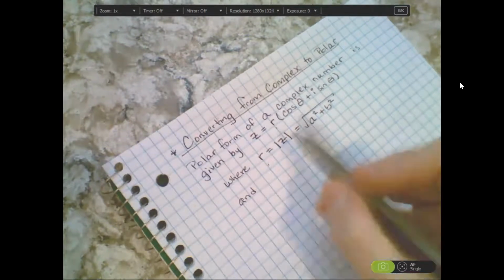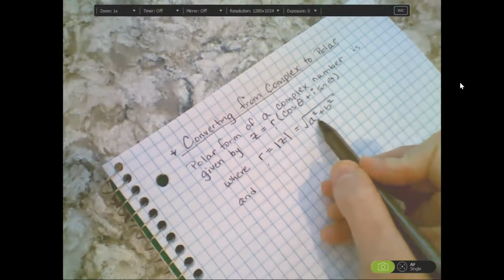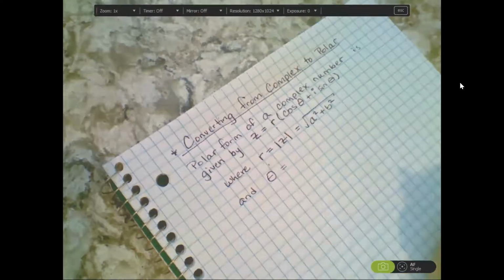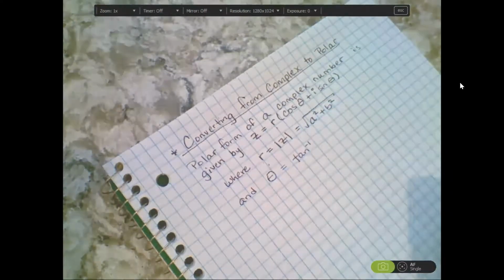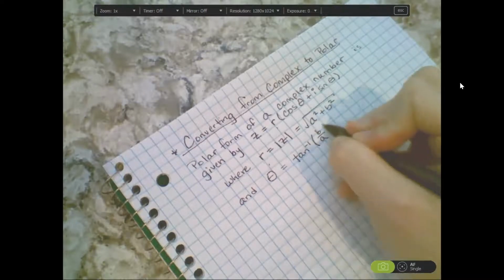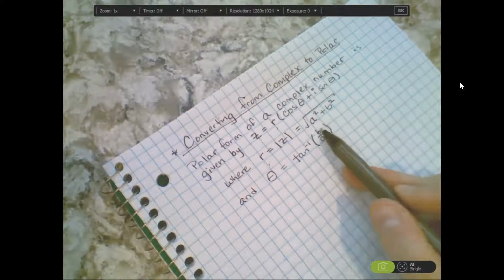So our r value is basically just our absolute value that we learned a second ago. And then the angle that we need is going to be the inverse tangent of b over a. Because normally when we do inverse tangent, remember we do y over x, or the vertical over the horizontal.